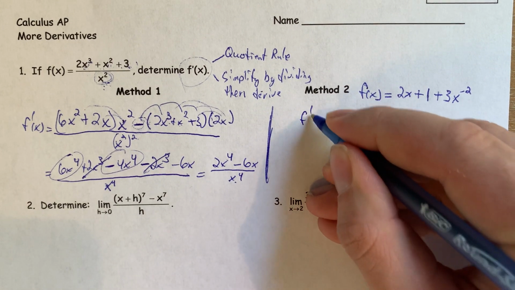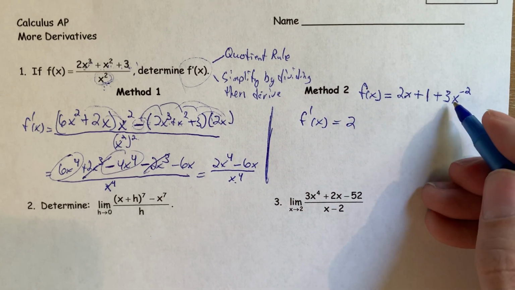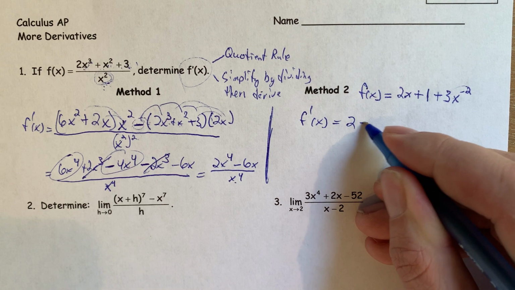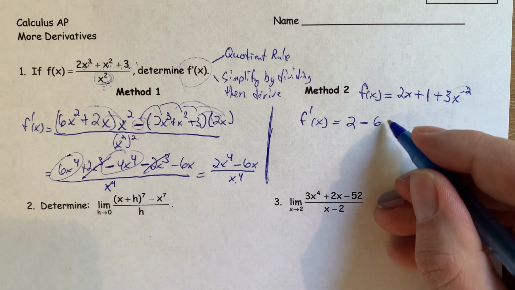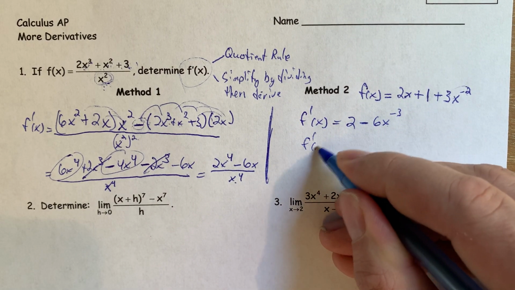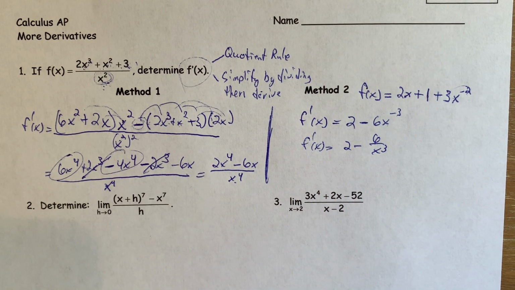And so now I can take the derivative, and the derivative of 2x is 2. The derivative of this is a power rule. I need to multiply by the power, so minus 6, because negative 2 times 3 is negative 6, and lower the power by 1. And I'll rewrite this at the end, because I don't leave negative exponents. Negative exponents tell me to divide.